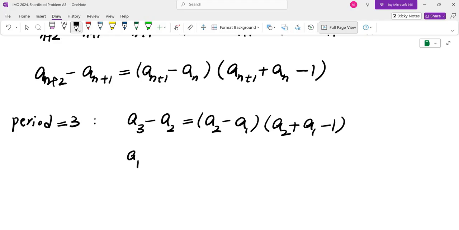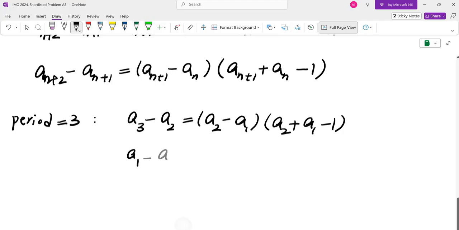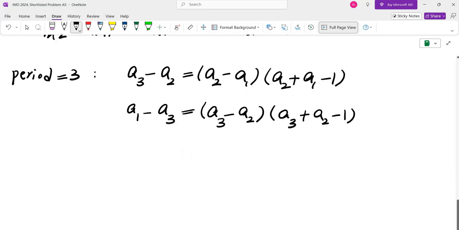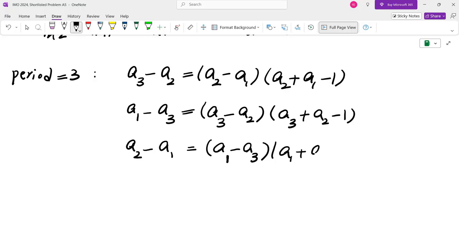Then A4, which is the same as A1, minus A3 is equal to A3 minus A2 times A3 plus A2 minus 1. The next one would be A2 minus A1 is equal to A1 minus A3 times A1 plus A3 minus 1.